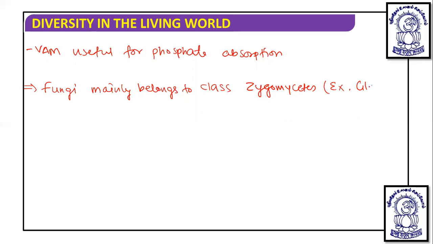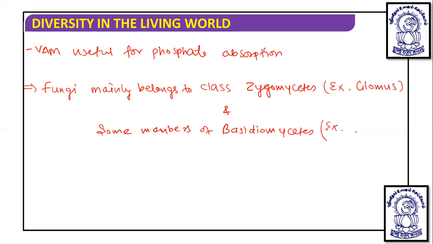An example of Zygomycetes is Glomus. And some members of Basidiomycetes are also found to be involved in this endomycorrhizal association, and examples of those fungi are Corticium and Rhizoctonia. Okay, so these are also fungi which are involved in endomycorrhizal association.